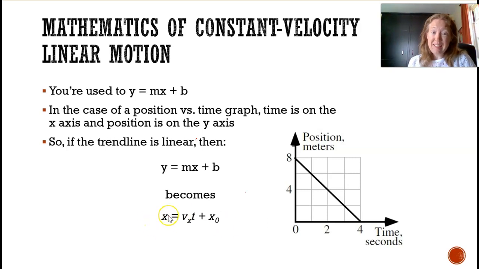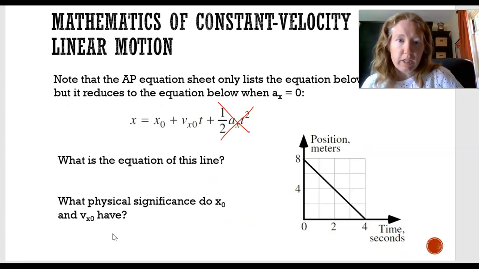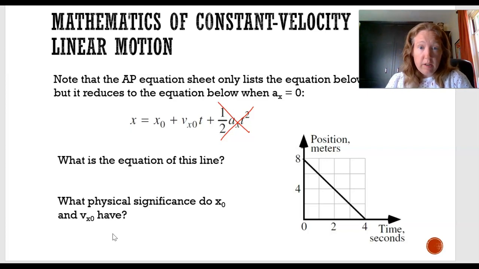So we're going to have an x on the left-hand side, and then velocity as our slope times time, and then the initial position instead of our b as the y-intercept, okay? The AP sheet gives us the entire equation for the position as a function of time, including when there's acceleration. But in this unit, we're just going to focus on constant velocity, no acceleration. So we've eliminated this last term.